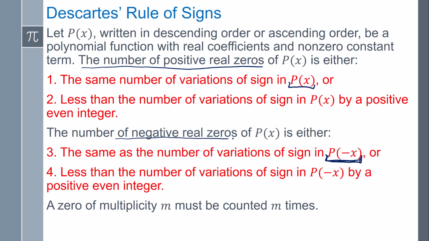Now, what you do in both scenarios is count the number of times the sign changes. You just go through and count it. It changes from positive to negative or negative to positive. So you count by that number. And then you just count down, because remember we said we might have complex zeros.